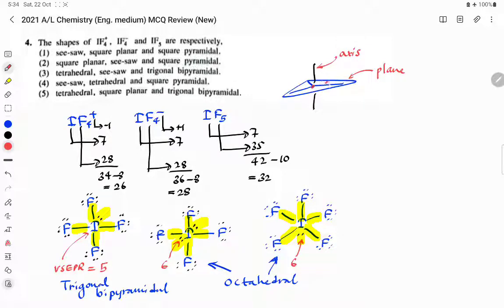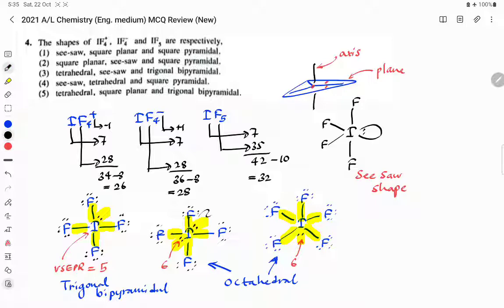Let's put the lone pair here. So the shape will look like this. Iodine, there's a lone pair in this direction, and the others are fluorines. So the shape will be seesaw. So IF4 plus has a seesaw shape.